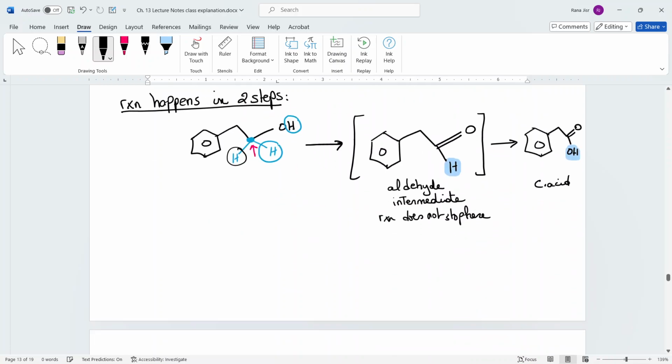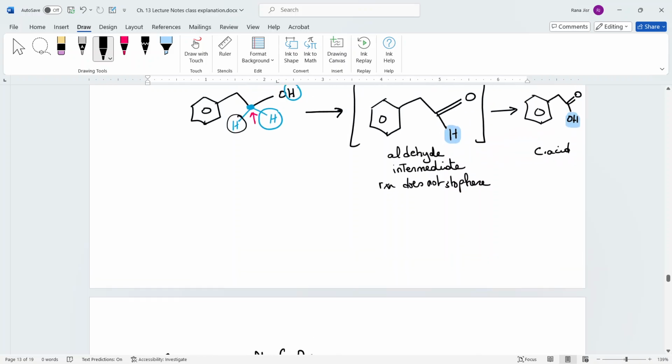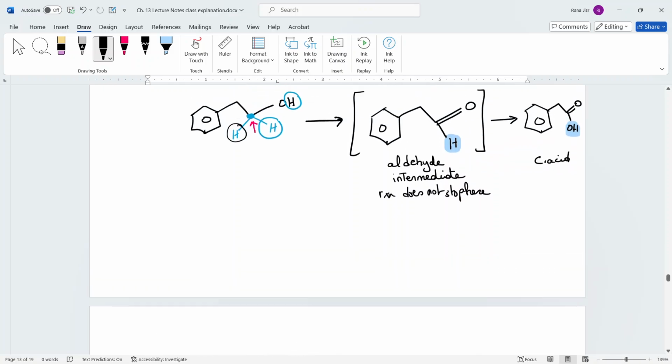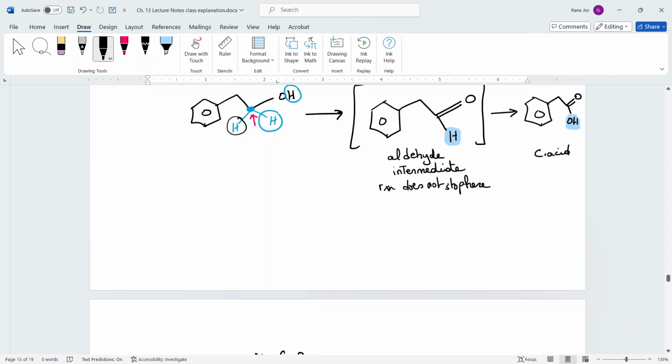Okay, let's have another example. The other example over here is something like this. So let's say I have this like that with an OH. Same thing. And I am using a strong oxidizing agent, which is the sodium dichromate, Na2Cr2O7, in presence of an acid and water.